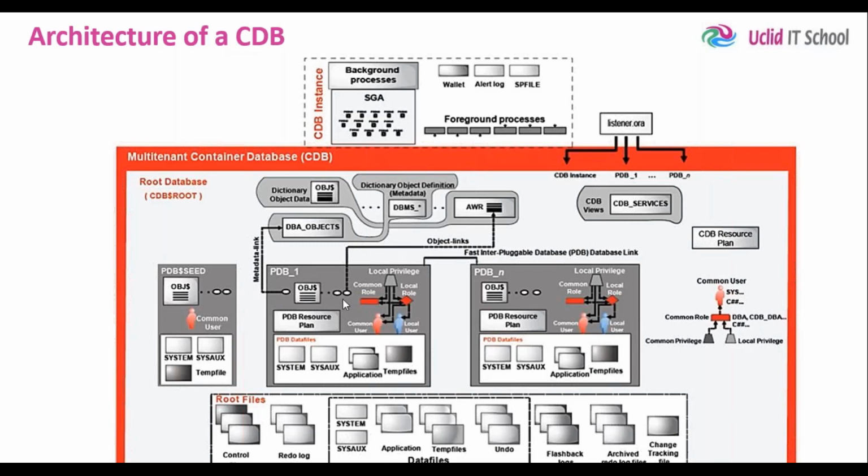If PDBs need to refer to this metadata, they use the internal metadata link to get the metadata from the root. So that way, data dictionary tables are created in every PDB, but the metadata about these data dictionary tables, in other words, Oracle-supplied objects, is stored only in the root. And as required, PDBs can refer to this metadata using metadata links, which are internally created and automatically managed by Oracle.